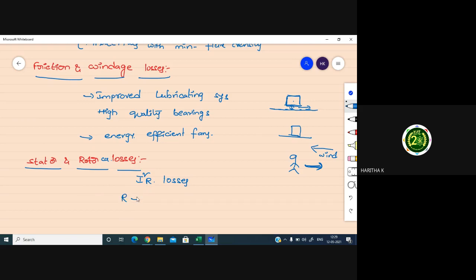Resistance is a function of the conducting material, area of cross section, and length. That means the resistance will depend on the conducting material, length, and area of cross section. It will depend on these three things.